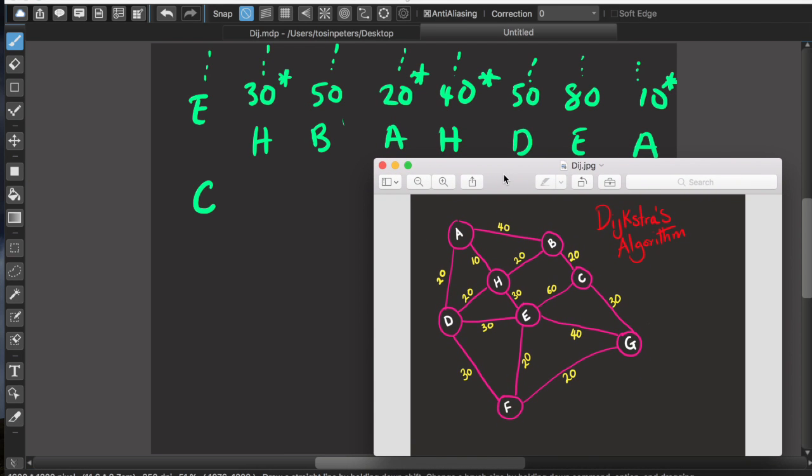Okay, so now we can see that from C to G, taking note that C was 50, 50 plus 30 is 80. So C to G is 80.